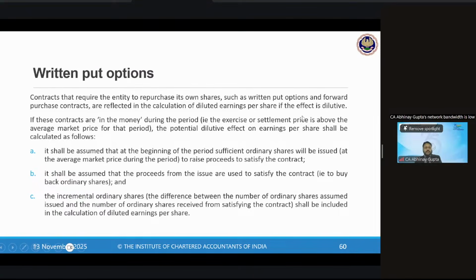Written put options. So call options, put options. Again, there is a matrix. There are call options and there are put options, right? Call means right to buy.